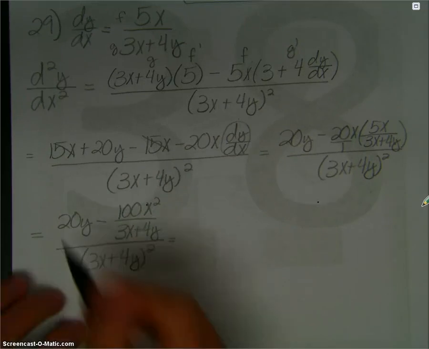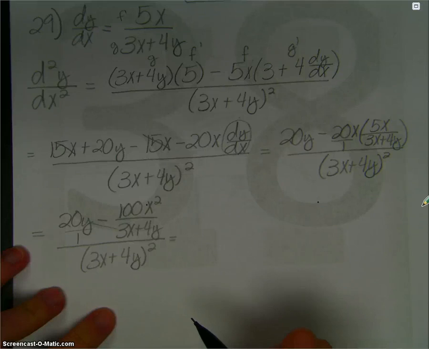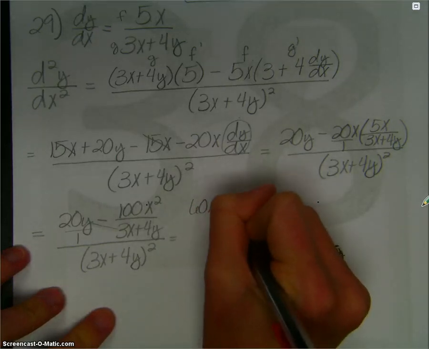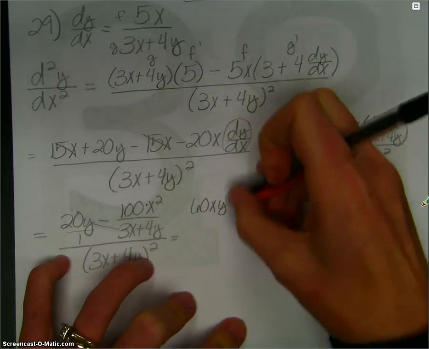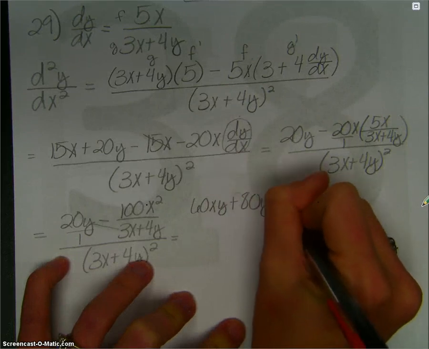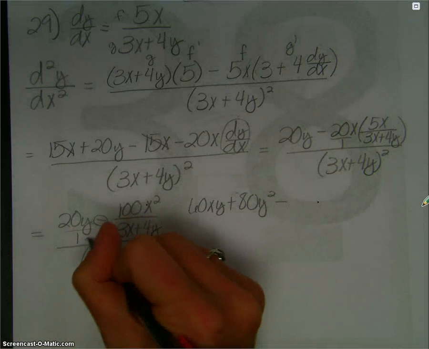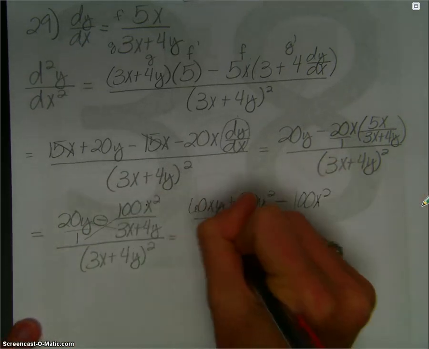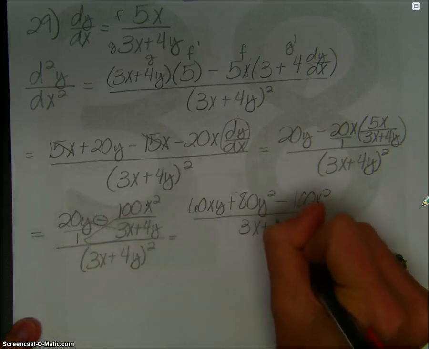So I'm going to put these together, and I'm going to use smile to do that, or find a common denominator. So multiplying those together is going to give me 60xy, and then this is going to give me plus 80y squared minus, from this minus sign right here, and then multiply these together gives me 100x squared, and then smile on the bottom is going to give me 3x plus 4y.